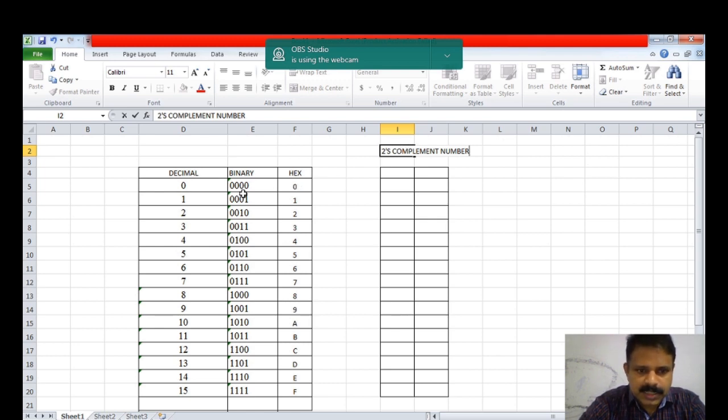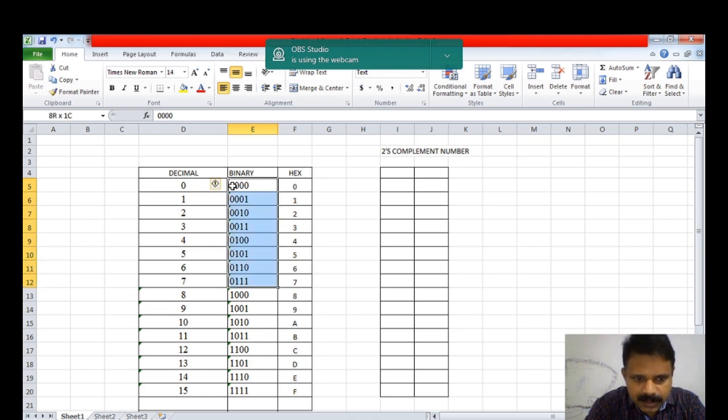In this pattern, you can see there are certain patterns with MSB equal to 0 and certain patterns with MSB equal to 1.